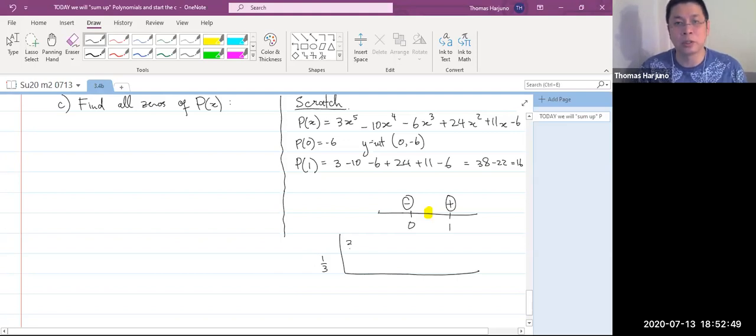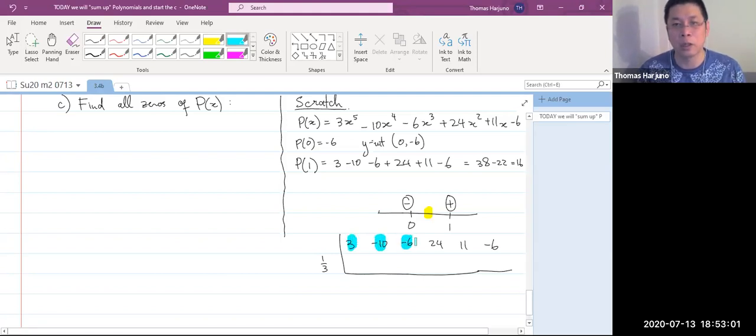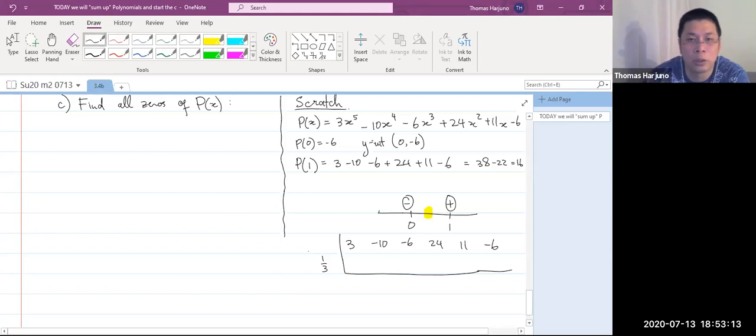Okay, so this is 3, negative 10, negative 6, 24, 11, negative 6. By the way, be very careful if there's any jump here. You see the degree is 5, 4, 3, 2, 1, constant, right? Make sure that if you have a jump of degree, you put a placeholder 0.